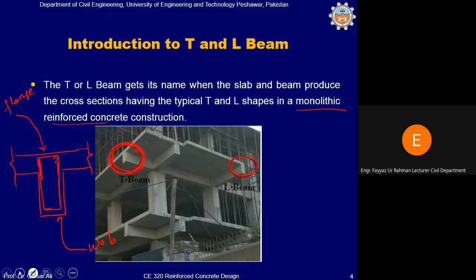Okay, but before discussing the design of T or L beams, I told you, if we understand the basic concept behind the mechanics involved in the design of rectangular RC section, then very easily you can design reinforced concrete beams of any shape.